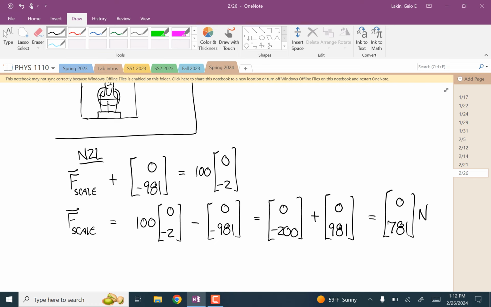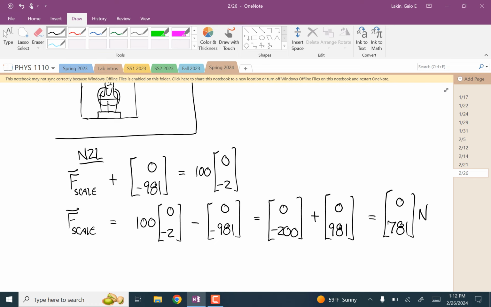And then as you get up to a constant speed, it'll go back up to the regular weight. And if you did the opposite thing and the elevator accelerated up, you'd see the weight go up briefly and then drop back down to 981. Well, not 981, but whatever your mass times acceleration is.